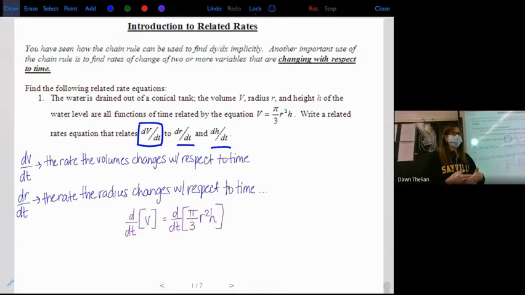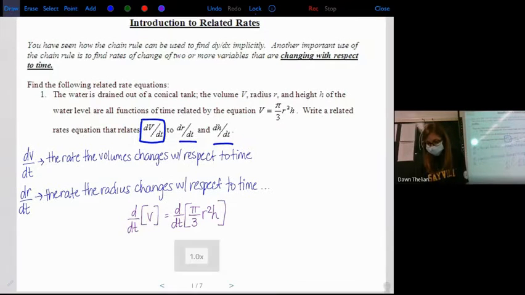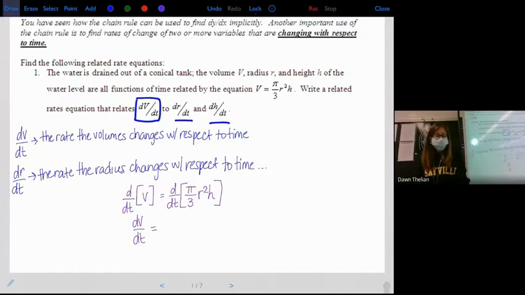But since it's a v with respect to time, it's 1 dV dt, or I'm just going to write that as dV dt. Now when I take the derivative with respect to time, I feel like some of you get a little tripped up as to what to do with the constants. A constant multiple multiplies to the derivative of the function. So I'm going to bring that pi over 3 to the front because it stays there.